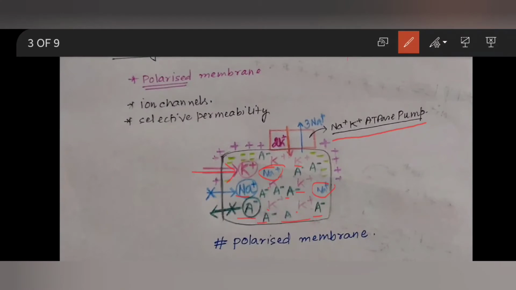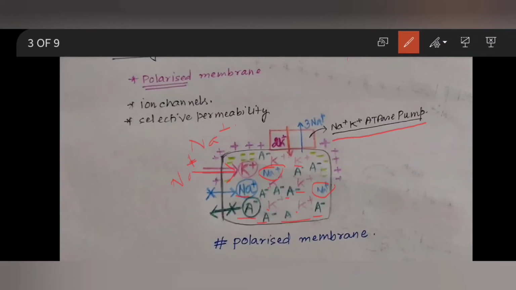Similarly, outside the cell membrane, it becomes rich in lot of sodium ions. There are lot of sodium ions present outside the cell membrane. This gives rise to some charge, to some potential in the two sides of the cell membrane.